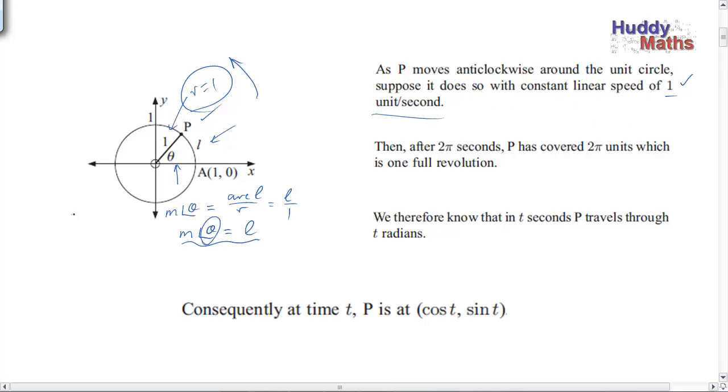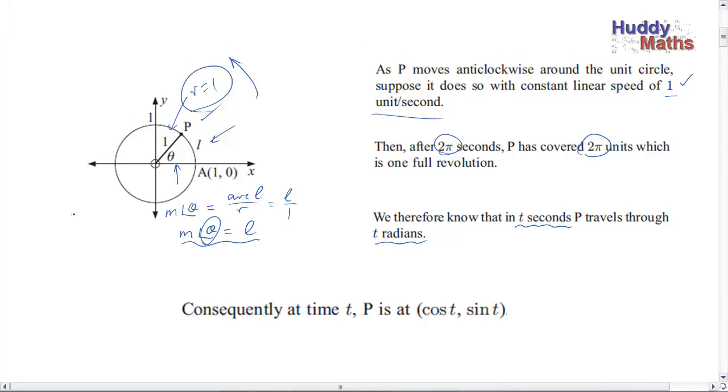So unit circle has 2 pi r as the units around the circumference, total distance travelled, and so it's going to do that in 2 pi seconds. So 2 pi units is the circumference around the unit circle, and it's going at 1 unit per second, so it's going to take 2 pi seconds. In other words, the point P in t seconds travels t radians. Okay, so t seconds it travels t radians.